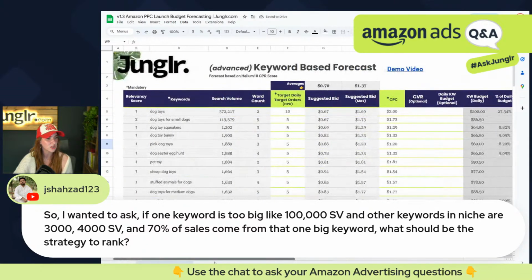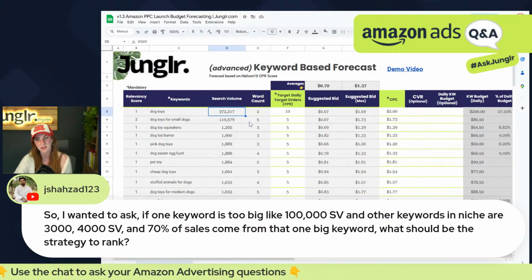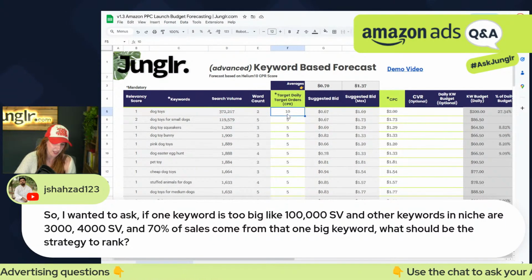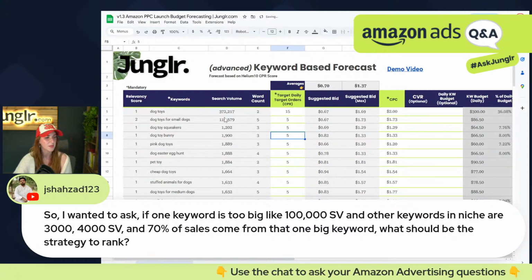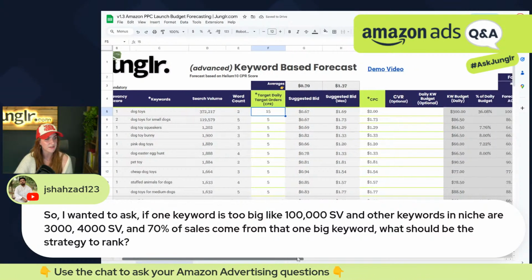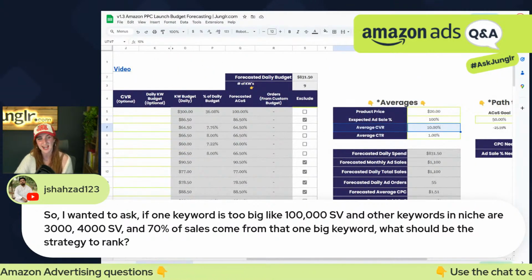Essentially what you're doing here is saying, the higher the search volume, typically, the more competitive it is to rank on. So say we had to make up, I don't know, 15 daily orders here. To get 15 orders, if we have a 10% average conversion rate, it takes us on average 10 clicks to generate one of those orders.